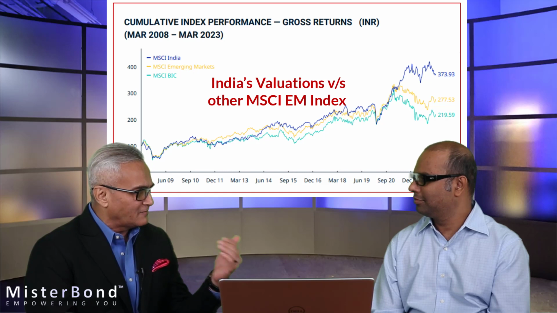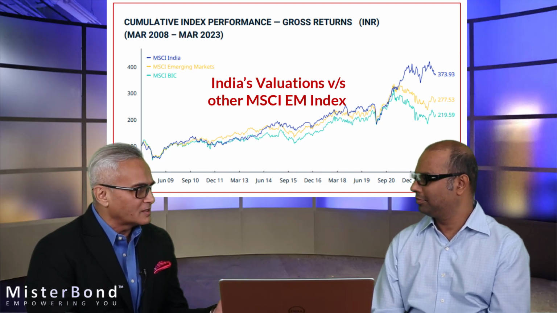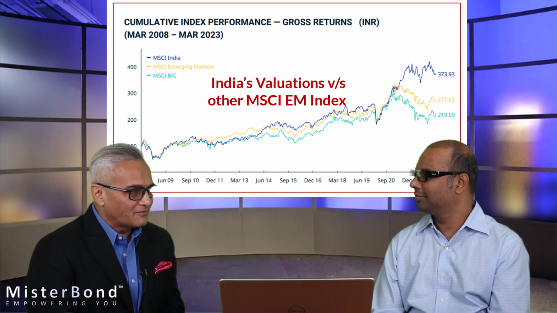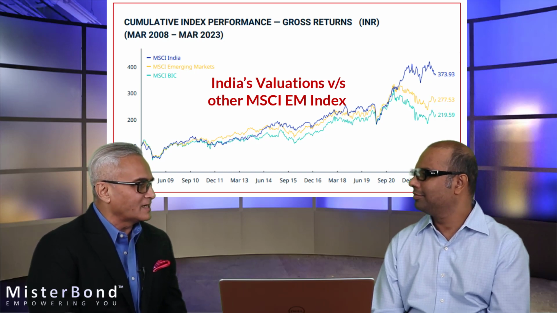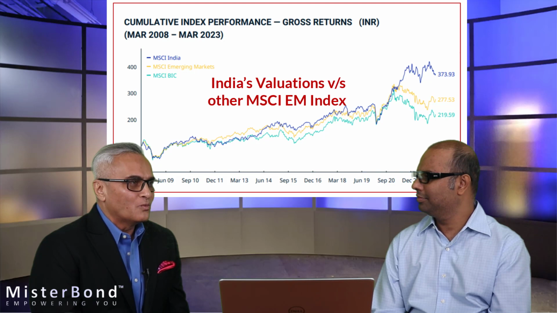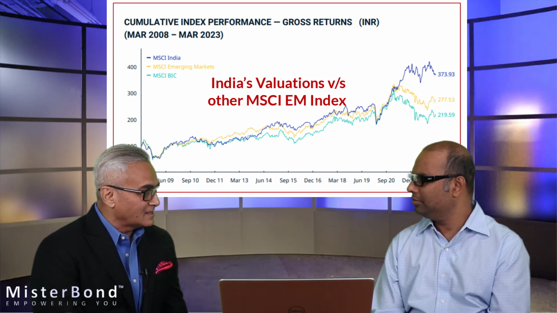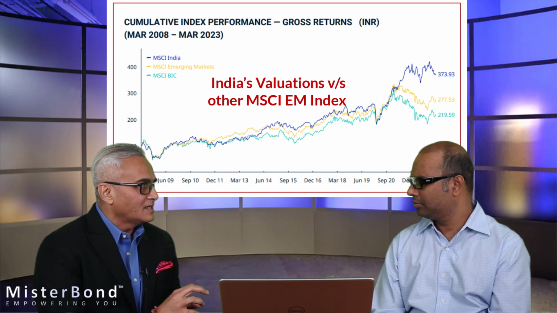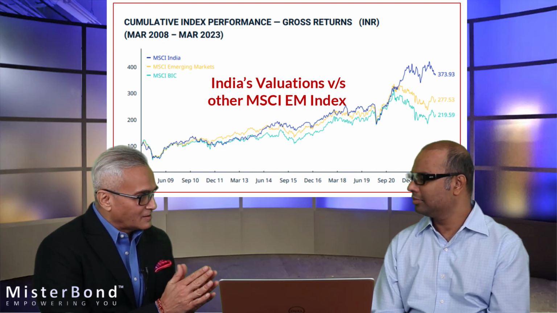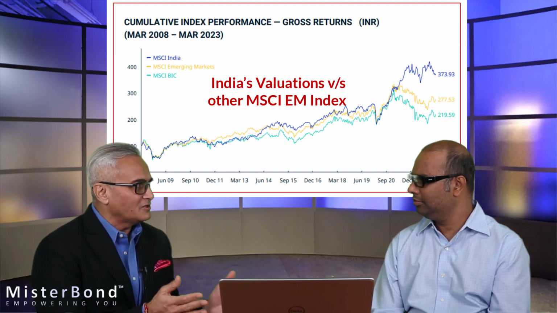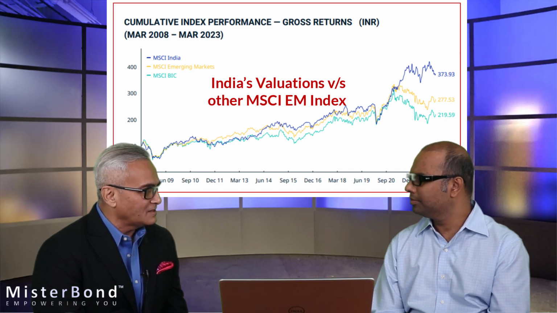Now coming to India's valuation versus the MSCI Emerging Market Index, India was at very expensive valuations, almost 134% premium to the other emerging markets. Now it has of course come down because India has also corrected in terms of the markets. Where do you see India in terms of the emerging market index in terms of the valuations currently? And are we reasonably valued, cheaply valued, or still expensive in terms of the rest of the world?